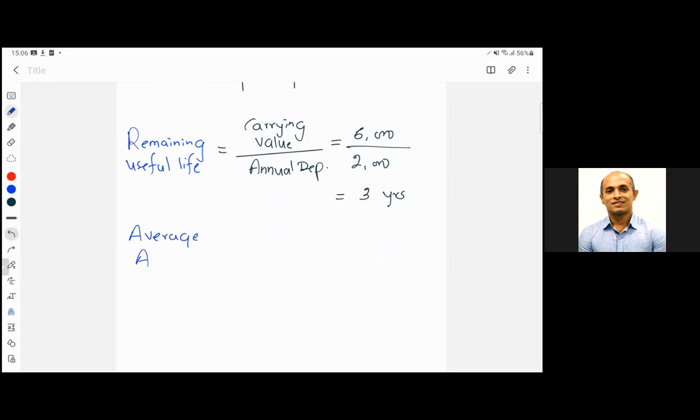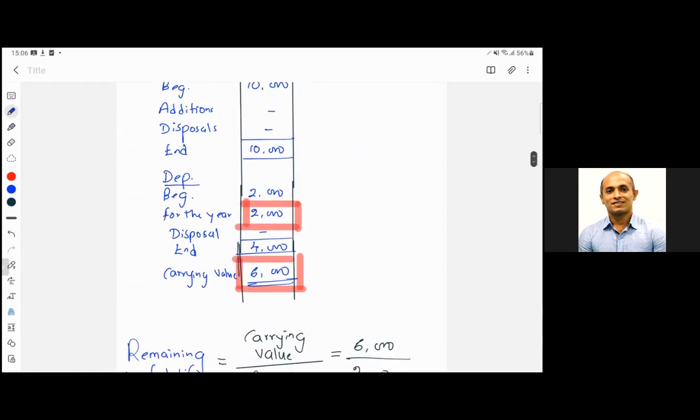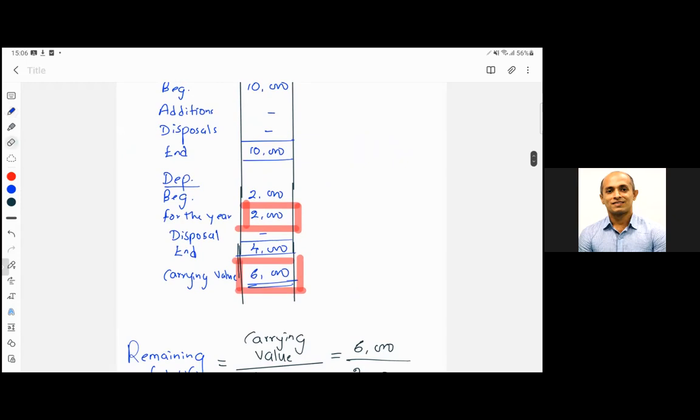We call it average age. You can see this from accumulated depreciation. Now you see accumulated depreciation, how much?